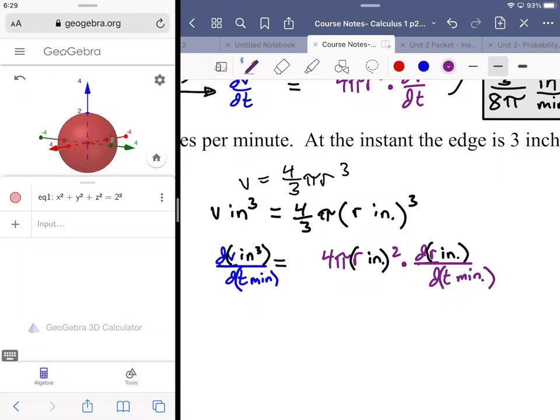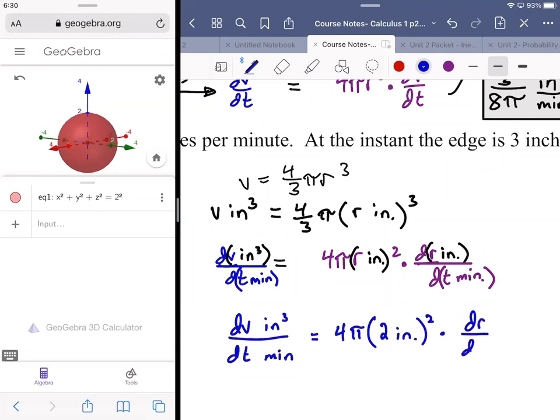So when we go through the solution part of this, the units come along for the ride, right? So we would say dV cubic inches over dt minutes. We would have 4 pi times, I believe it was 2 inches squared, times dr inches over dt minutes.